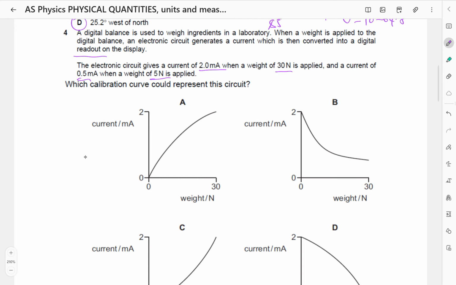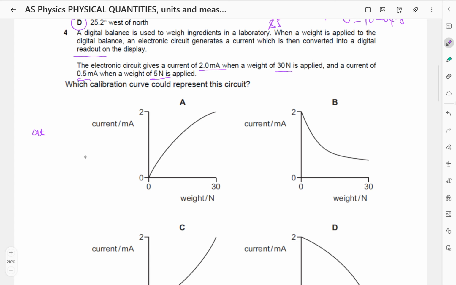Okay, so we can check how the gradient should be like. I will start with a larger value of current, when it is 2.0 milliamperes. What is the gradient of current against weight? What will the gradient be like?